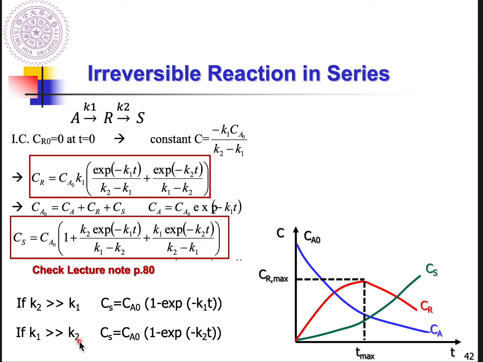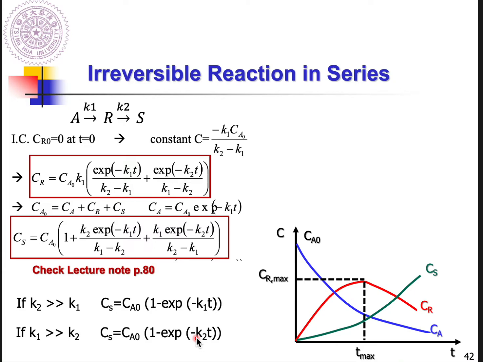Because this is small. So yes, the generation rate of product S is dominated by k2, and this is the slow path. It's a chemical reaction with a small rate constant k2, okay? So next, yes, you already confirmed what you learned: in a series reaction, the slow path always dominates.